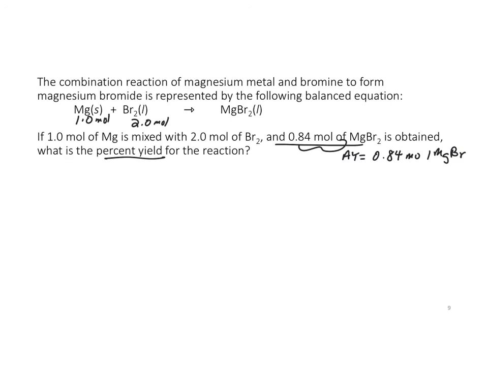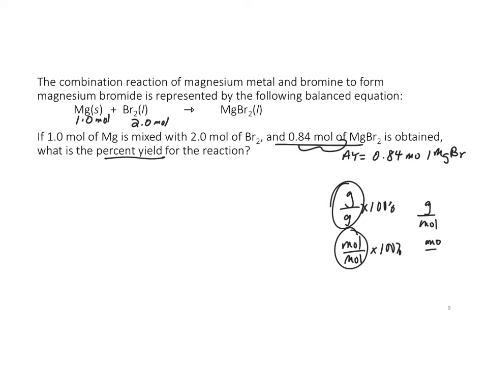Now, when you do percent yield, it can be gram over gram times 100% because they cancel out, or it can be mole over mole times 100% for your units. It doesn't matter. But what does matter is you've got to have the same here. You cannot have gram over mole or mole over gram. That will not work. So we're given actual yield in mole, so we're just going to solve this for mole.